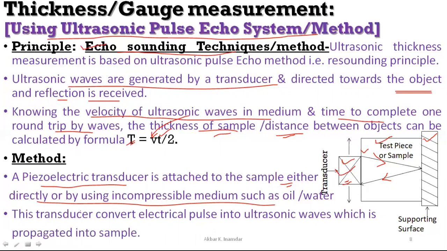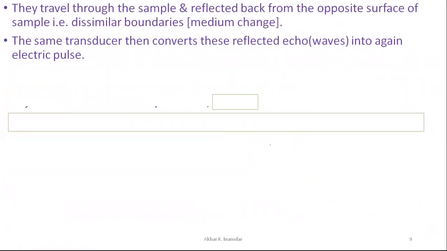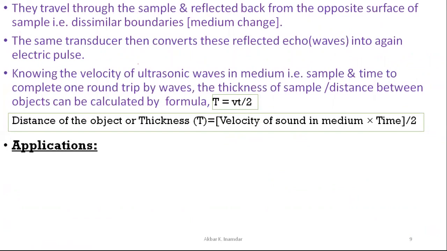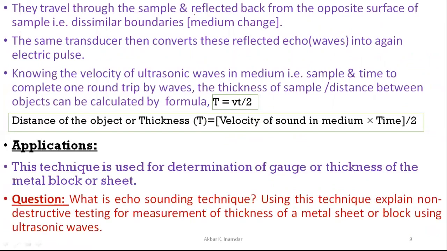In this, the transducer converts the electrical signal into ultrasonic waves, which propagate into the sample and travel through the sample and are reflected back from the opposite surface of the sample as it finds a dissimilar boundary. Dissimilar boundary means medium change.